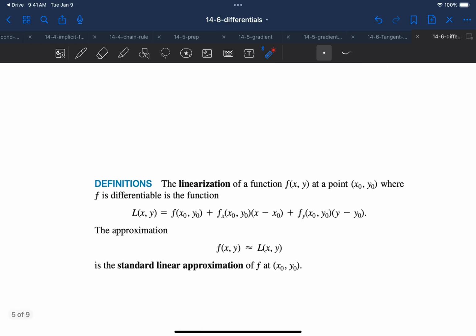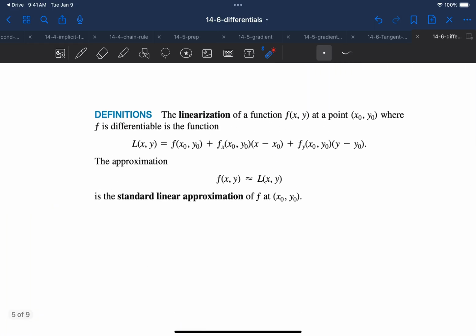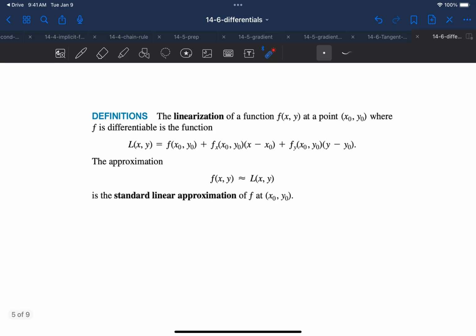All right. Now linearization. So the point is how to approximate f(x, y) using linearization. What it means is that sometimes f(x, y) is given by a very complex function which is hard to evaluate.